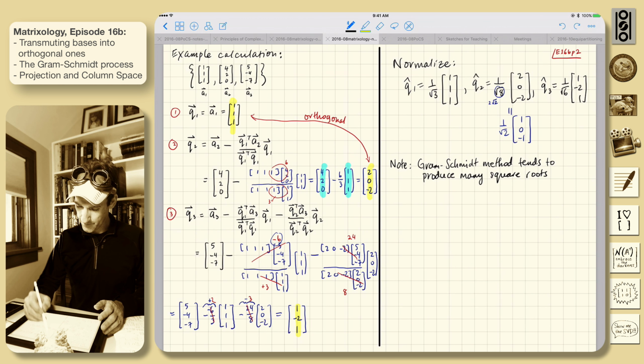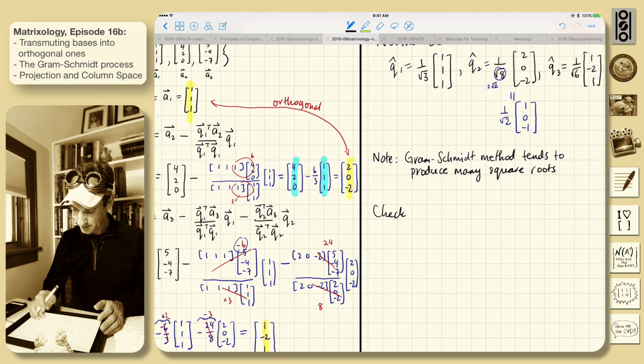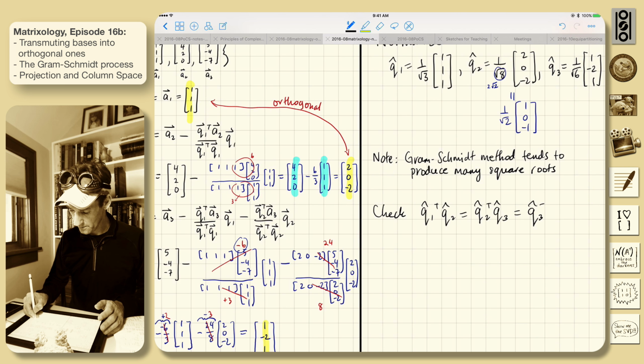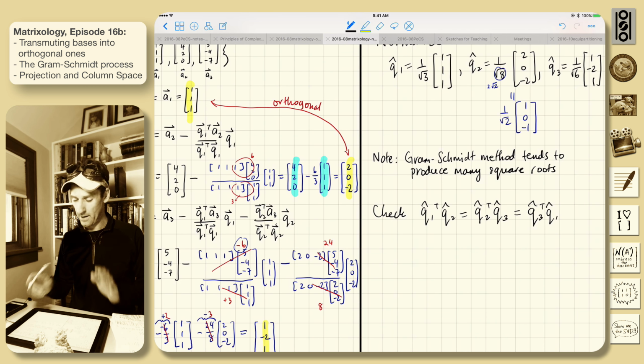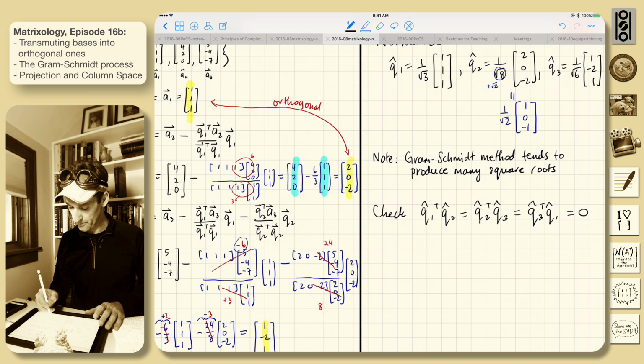But we can also, and so that's note, that's one piece, and check, if you like, the Q1 transpose Q2, write it like this, equals Q2 transpose Q3 equals Q3 transpose Q1. We'll make them go around a little cycle. But in general, we need every pair, right? Equals 0, right?